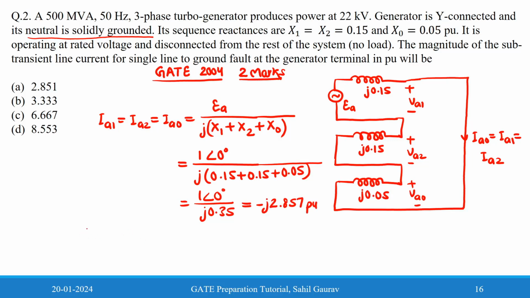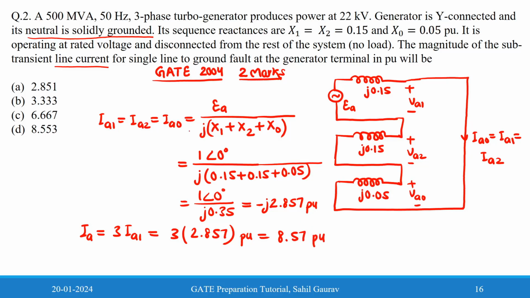Now it is asking about the line current for a single LG fault at the generator terminal. So the line current will be IA equal to 3 times IA1. Taking the magnitude only, 3 into 2.857 per unit, so it is coming as 8.57 per unit.